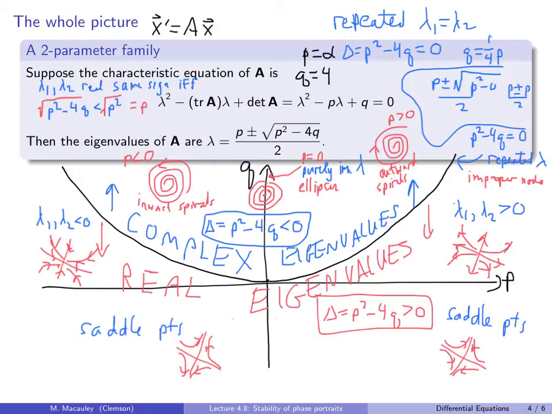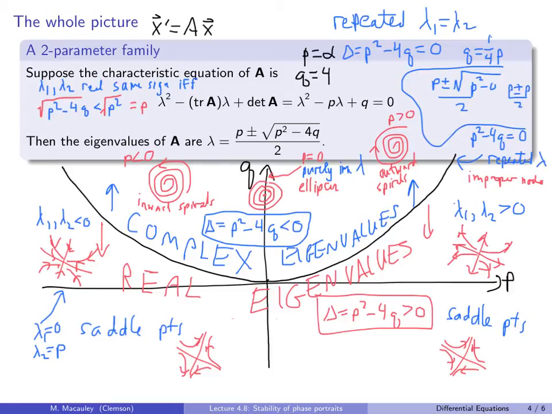I don't know how to draw that, but for points actually on the p-axis, lambda 1 is 0 and lambda 2 is p. That happens when the determinant is 0. That's the case we haven't really talked about very much. It's sort of in between the saddle and the node.